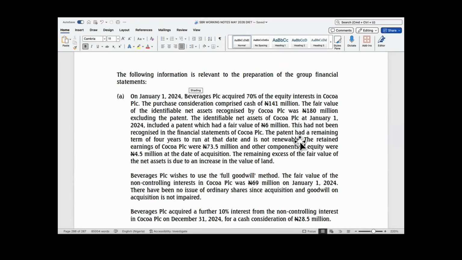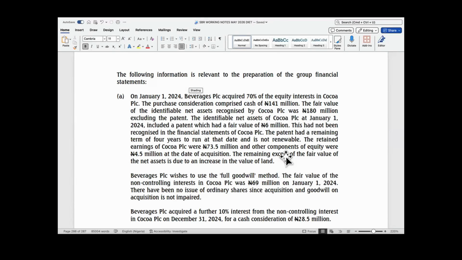Items like revaluation reserve or fair value reserve, or even actuarial gains and losses, as you have learned them, or fair value reserve through OCI, stuff like that. They are elements of reserves that you find in equity. So at the date when we acquired the subsidiary, it had other component of equity of 4.5 million. It is pre-acquisition, and it's part of what we are paying for.